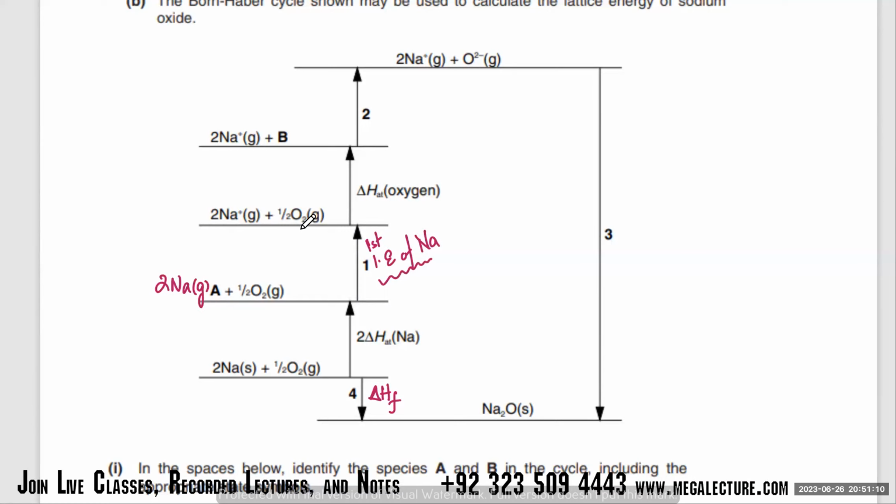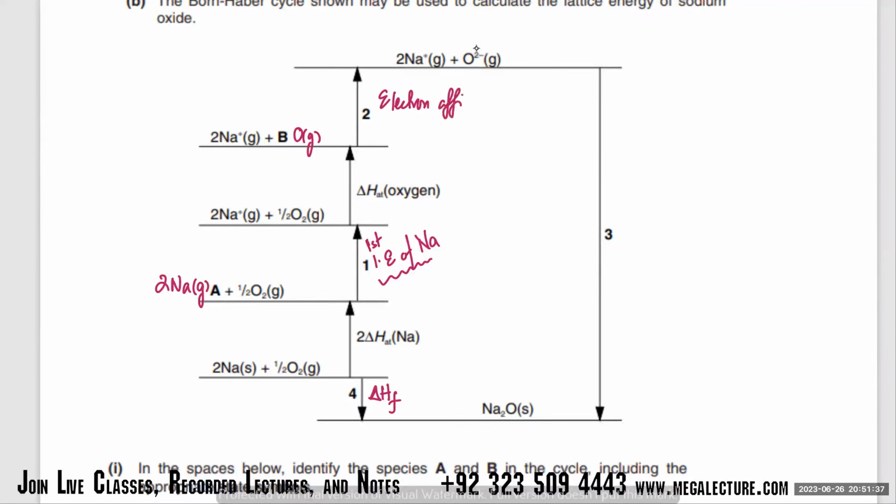Then oxygen got atomized, so it's obviously oxygen gas. That's B. And then oxygen is getting ionized. Oxygen is gaining electrons, nothing is happening to sodium. When an element gains electrons, that's known as electron affinity.